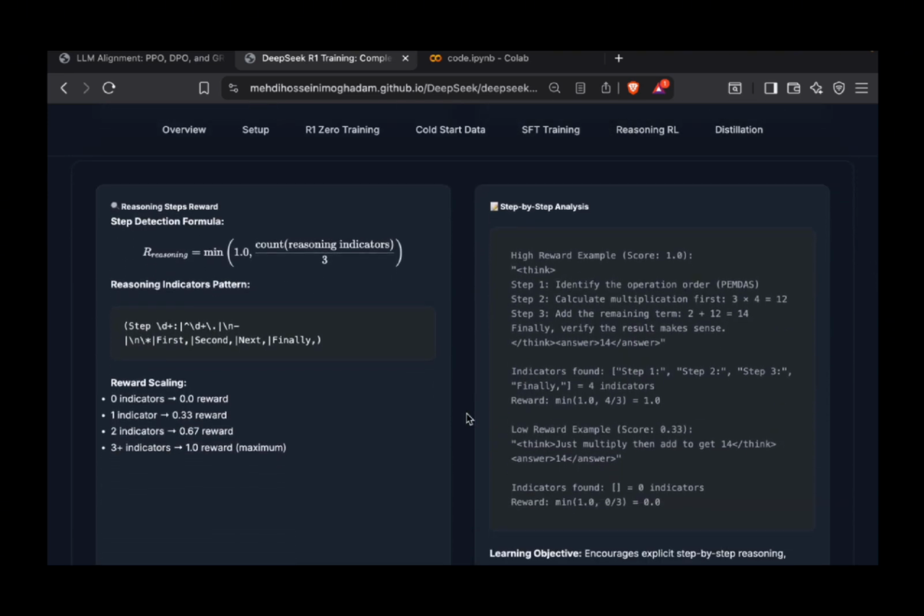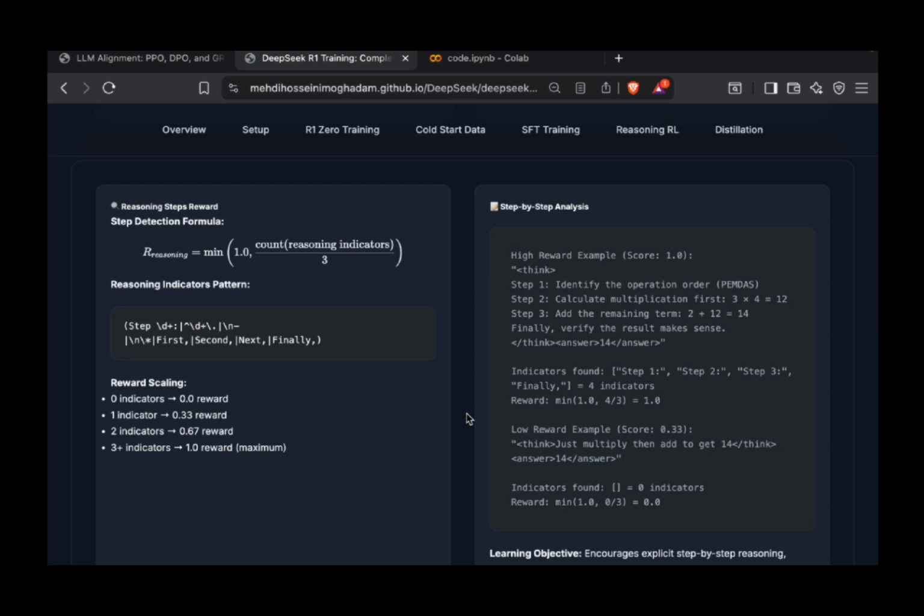Now the next reward function: as we saw, in reasoning we want to have more reasoning steps. We want the model to make it clear what the steps of the reasoning are and whether they make sense or not. So technically we can say the more reasoning steps we have, the better aligned they are and the more sense they make.